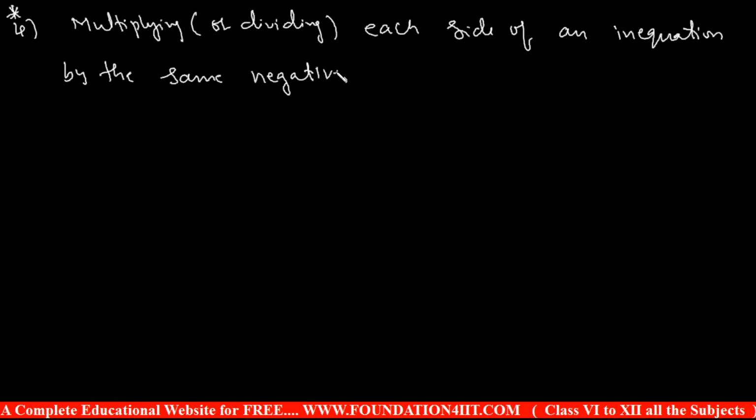If it is a positive number, it does not change. But by the same negative number, there is a condition: it reverses the inequality. I will explain how it reverses the inequality.